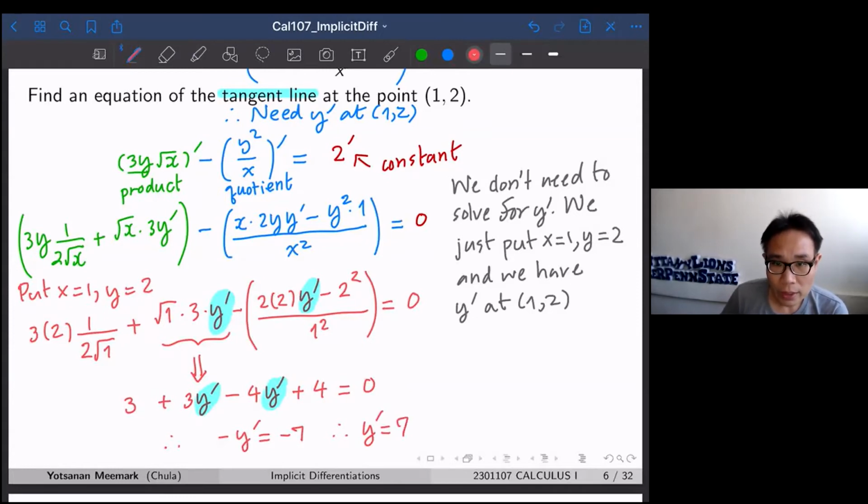So you get the slope of the tangent line equal to 7. This one gives you the slope, and this one gives you the point.